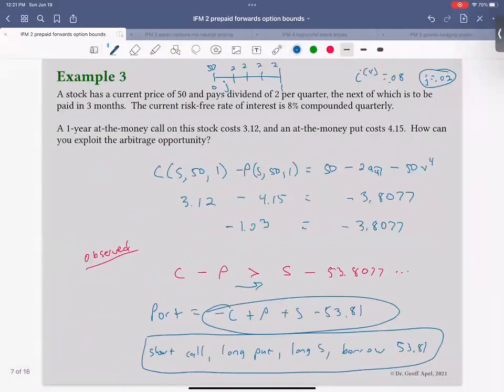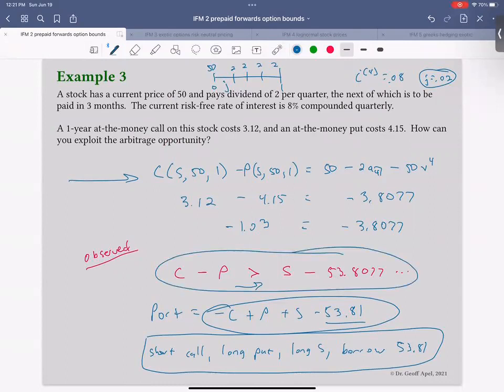A question here, first of all, was: do you borrow 53.81 or is that the present value of that? Good question. The put-call parity itself is already a time zero equation. It's already present value. So this whole equation here is already present value. That's actually going to come into play for one question we're going to have in another seminar.